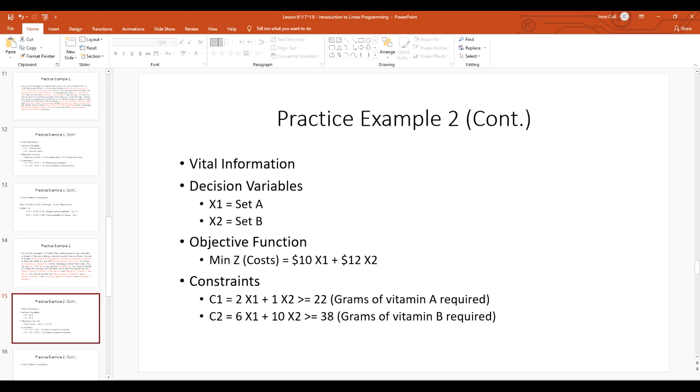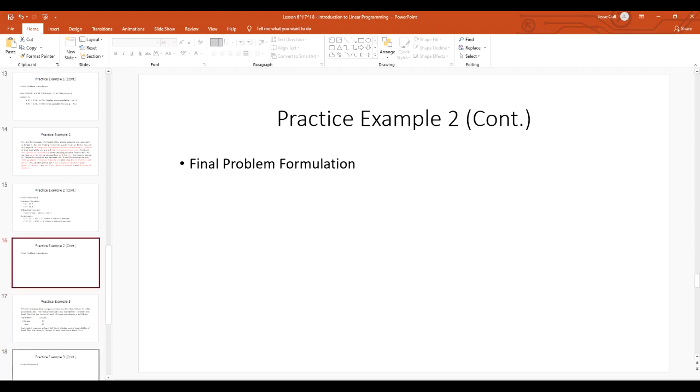What are our decision variables? What is our objective function? What constraints should we follow when making our decisions? Once we have this critical information, very simply we go down and we collect all of that information in one place.